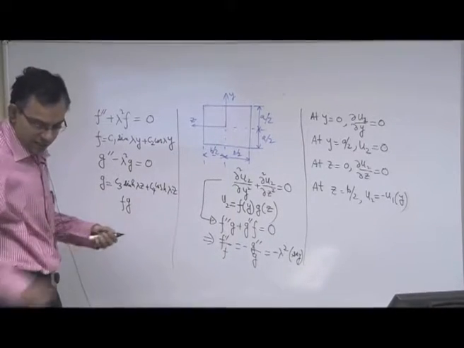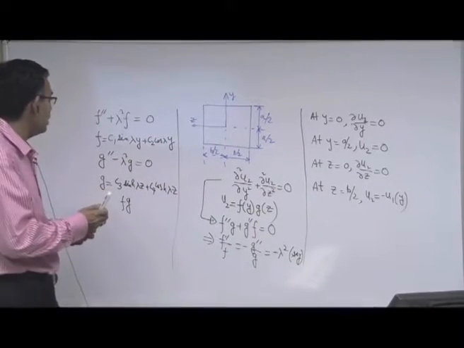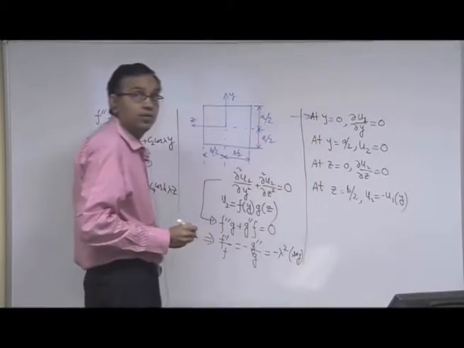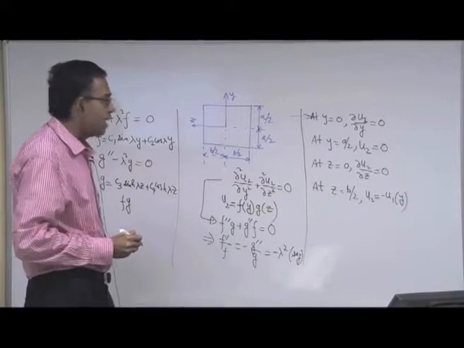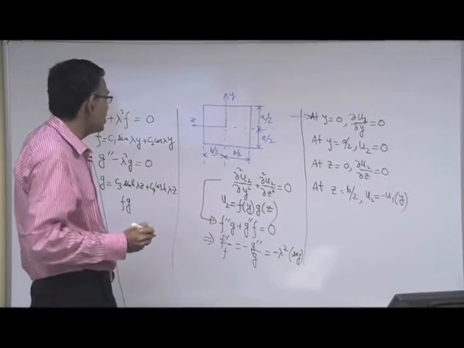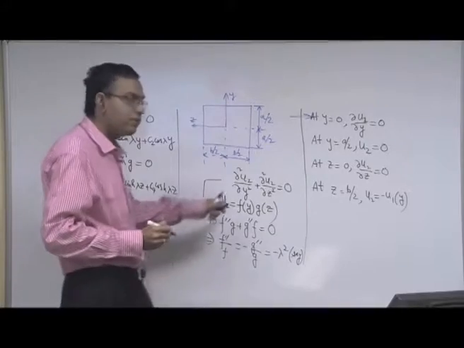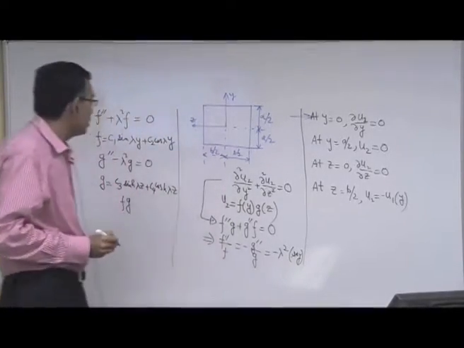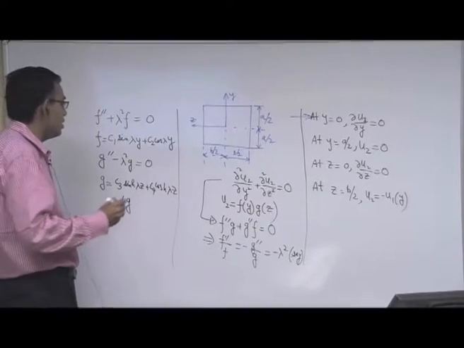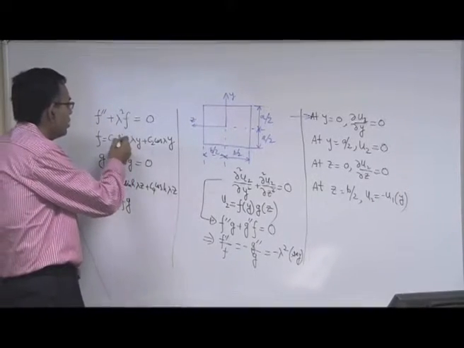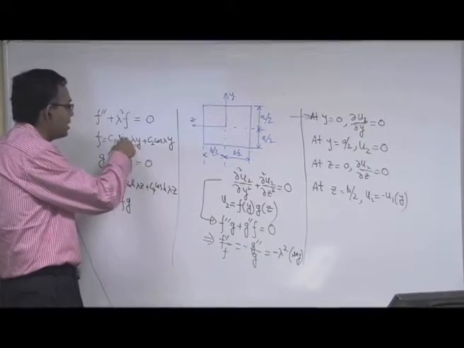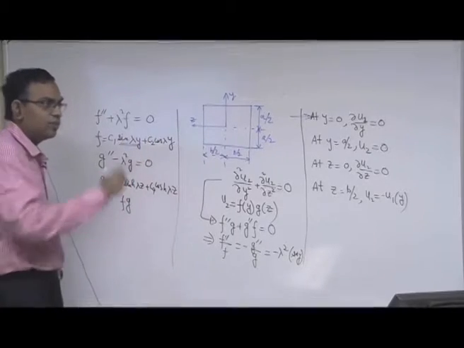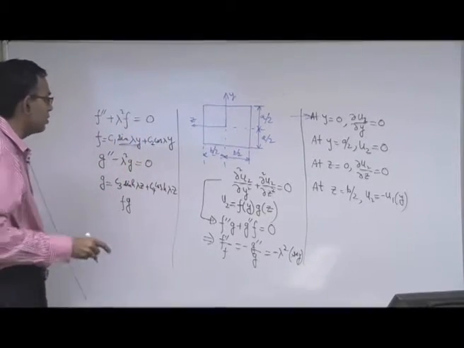So first let us appeal to the boundary condition that at y equal to 0, del u2 del y equal to 0. At y equal to 0 del u2 del y equal to 0 means basically df dy equal to 0, because in u2 f is the function of y. So df dy equal to 0 means when you differentiate this with respect to y, sine will become cos and cos will become sine, or with plus minus sign, I am not bringing that into the picture.